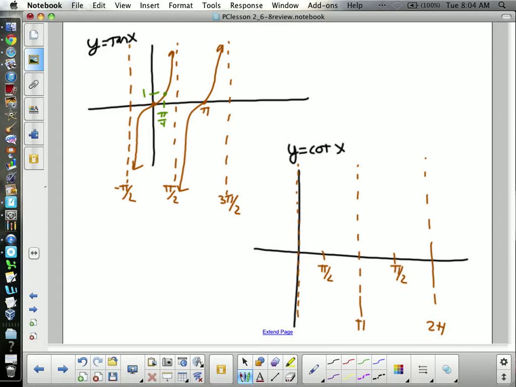Notice, where tangent is 0, cotangent is undefined. They're reciprocal functions, right? Where tangent is undefined, cotangent is 0. It makes sense. That should be 3 pi over 2. And they're all positive in quadrant 1, so cotangent goes up to the left.